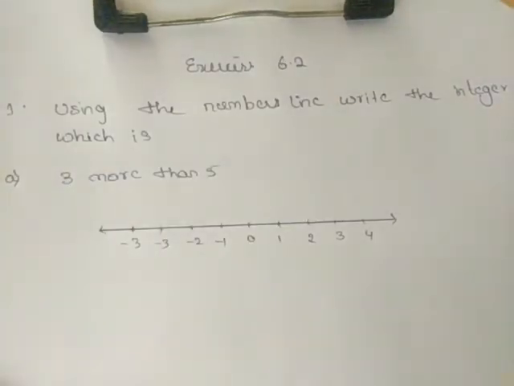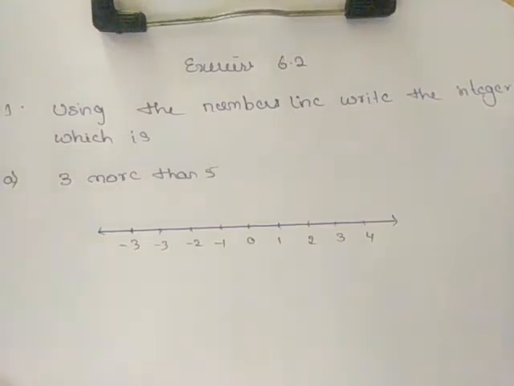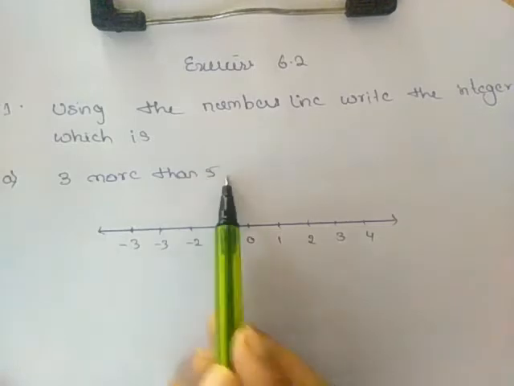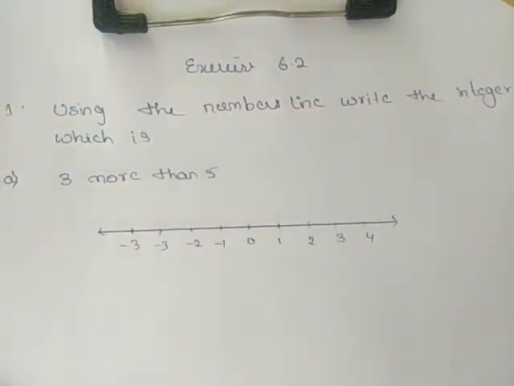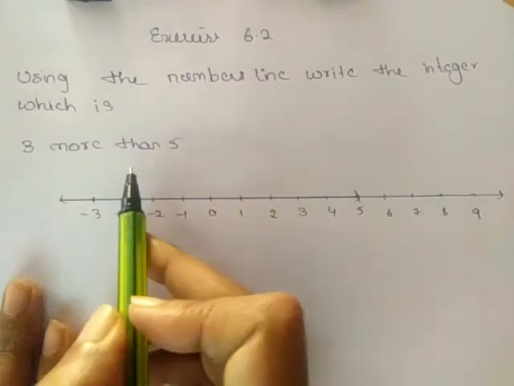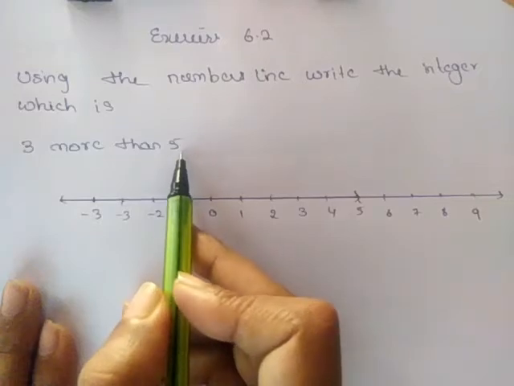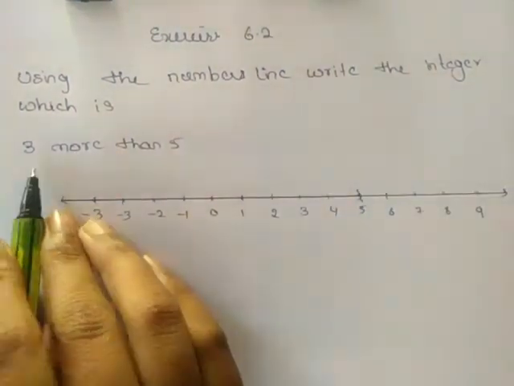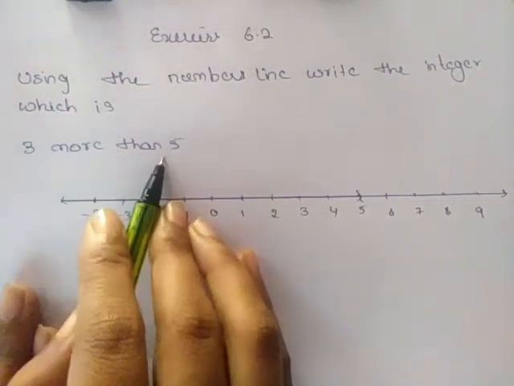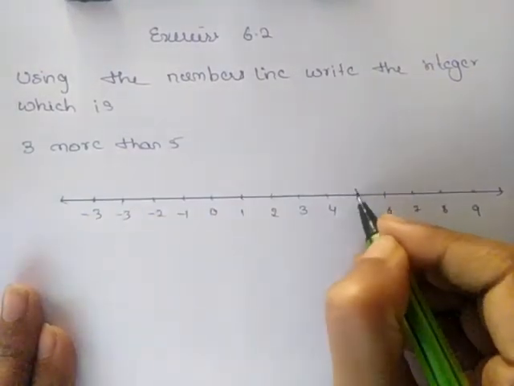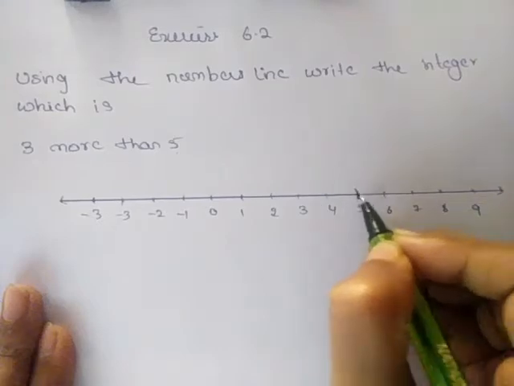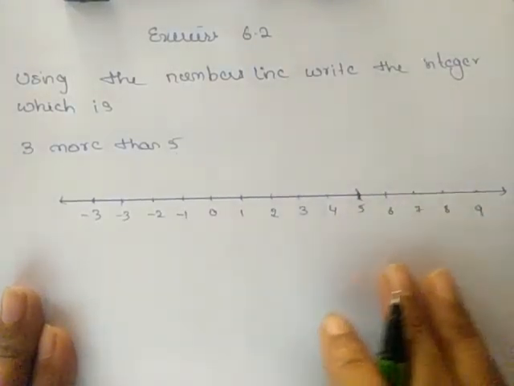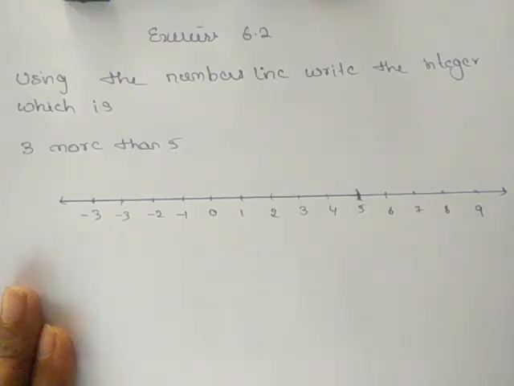Using the number line, write the integer which is, first one, 3 more than 5. Here, we need to start from 5. They have said 3 more than 5, so we start from 5, and from there 3 more. 3 more means we need to move to the right side from the 5.